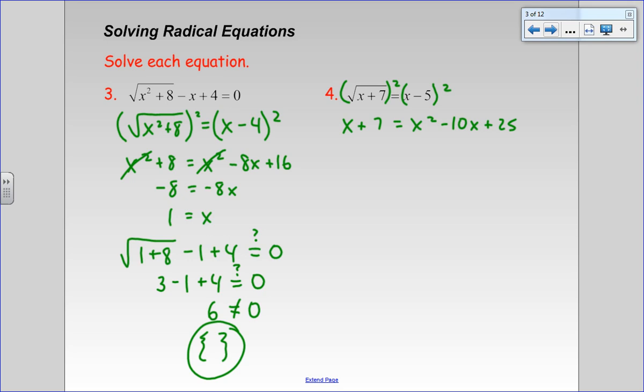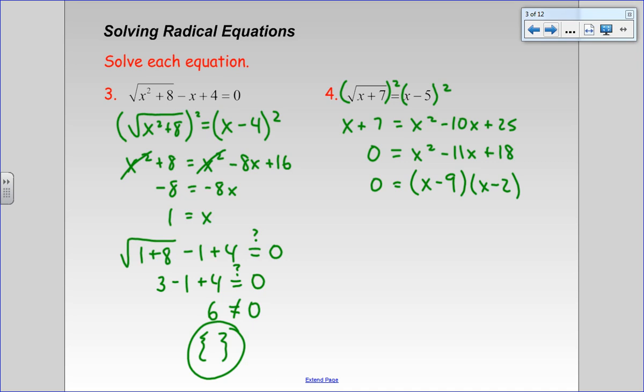So we'll solve this one by setting one side equal to 0 and then factoring the polynomial. Subtract x on both sides and subtract 7 on both sides to obtain 0 equals x squared minus 11x plus 18. Then factoring that trinomial, we have the quantity x minus 9 times the quantity x minus 2.